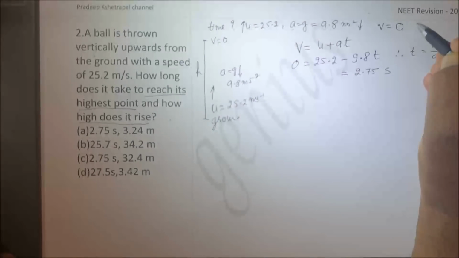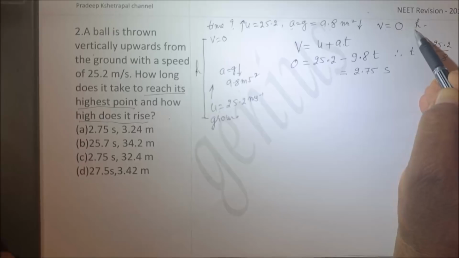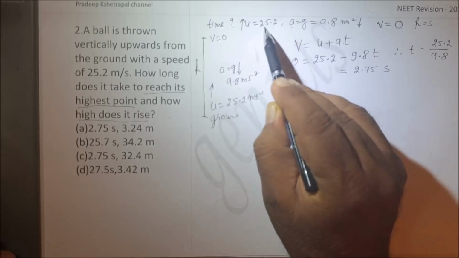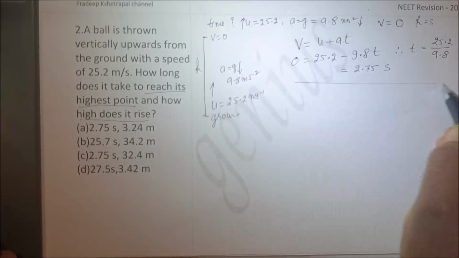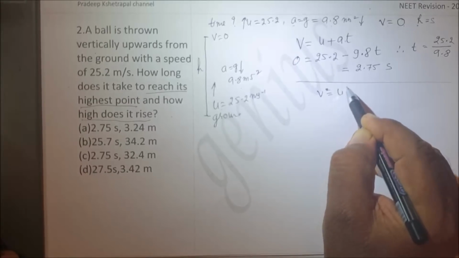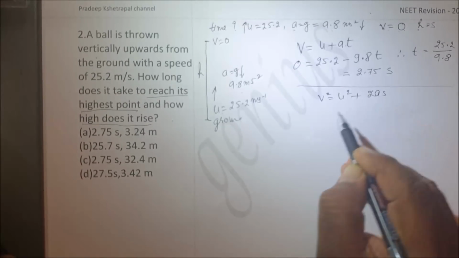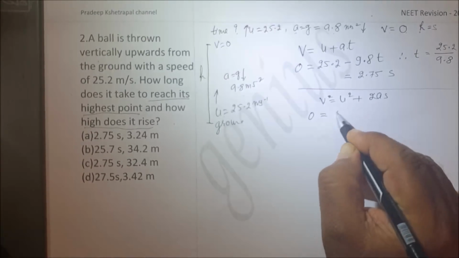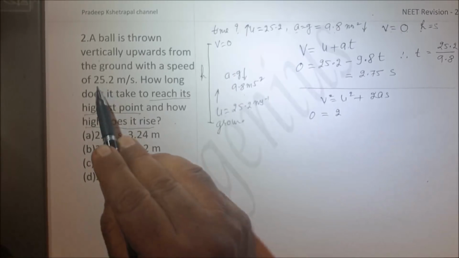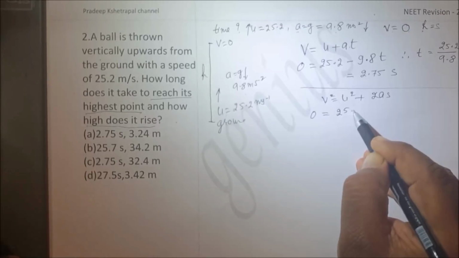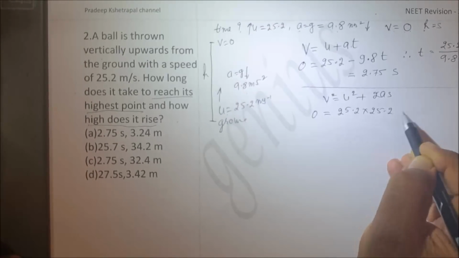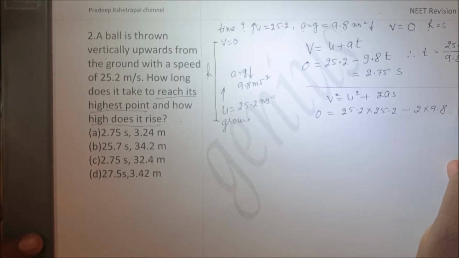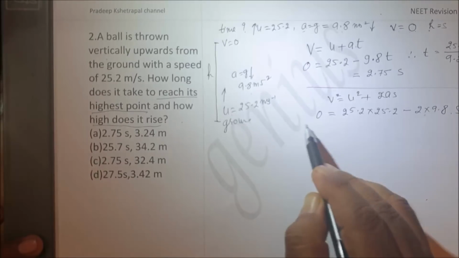For this h, again, what are the figures we have? We want to find out h, that is s, v, u, a. We have the third relation, and that is v square is equal to u square plus 2as, and here again we put the values. 0 is equal to, here it is u, 25.2, so 25.2 into 25.2, this is minus 2 into 9.8 into s, and here we take it on this side.